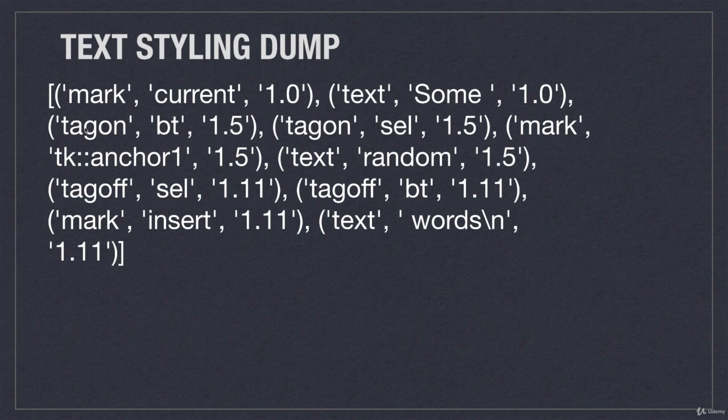Then I want to look for tag on, except in the situations in which the 2nd index has SEL inside of it. I want to ignore those tag-ons. I only want to reference the bolds, and then I want to look for the bold ending tag. So I'm going to search for BT. I'm then going to store where the bolding begins at the 5th index, and then I want to search for tag off, again the bolding, and then I want to find where bolding ends.